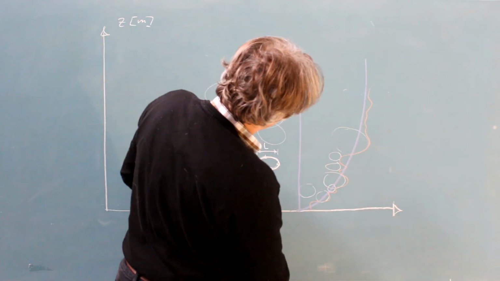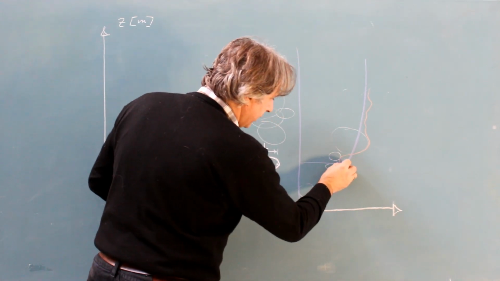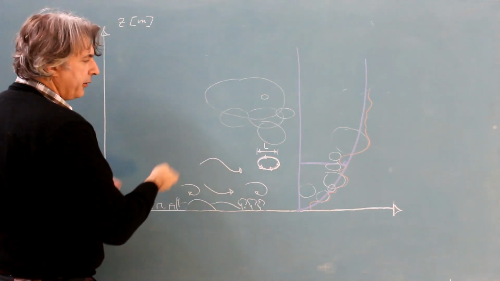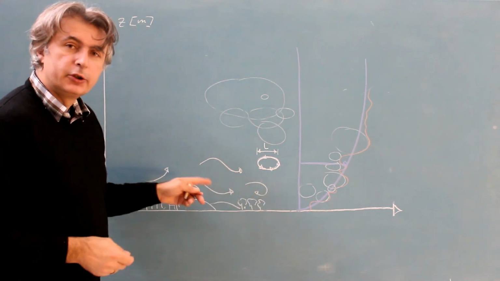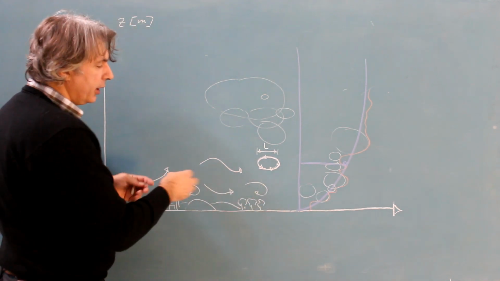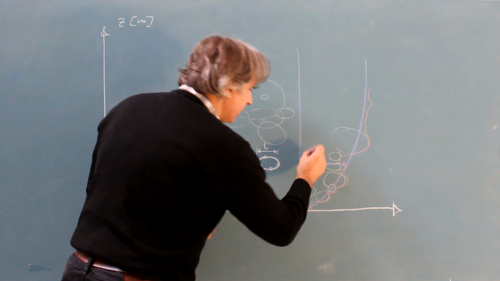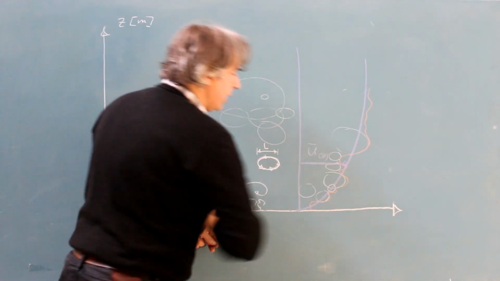If this is the profile, this is the mean travel speed for that particular level of the flow. The higher levels move faster, the closer we are to the surface of the Earth, the slower they move. But this vortex is traveling with our average speed at this particular height.